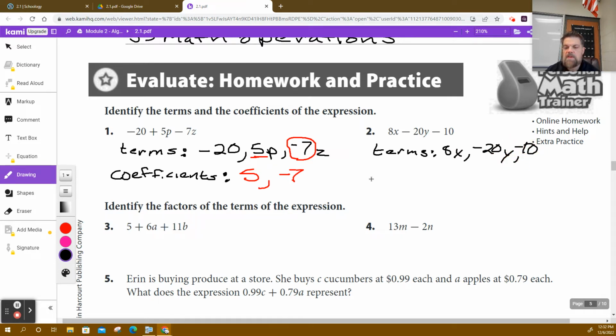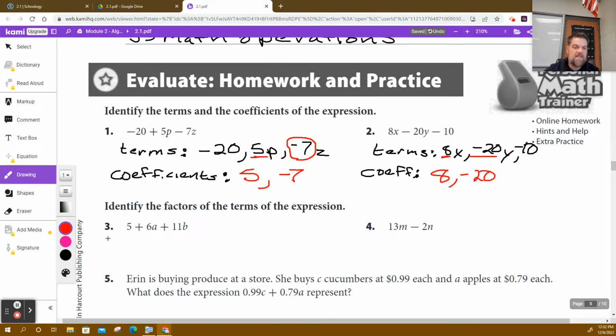Negative 10. What are the coefficients? Yep, just the numbers in front of the variables. So it'll be 8 and what else? Negative 20. Good job. All right, so that's that one.